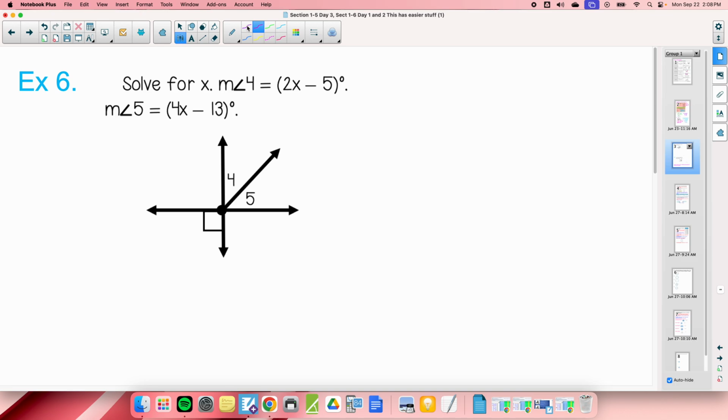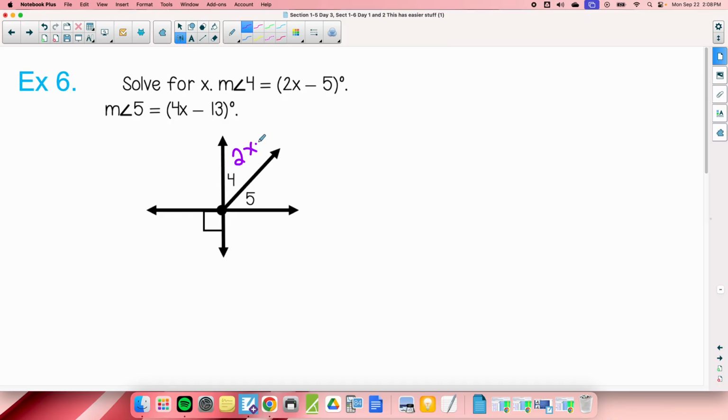So for this one right here, we have to solve for x, and they tell us the measure of angle 4 is 2x minus 5, and angle 5 is 4x minus 13. Do you guys get if this is 90, isn't that 90, and this 90? So what do we know about angle 4 and angle 5?